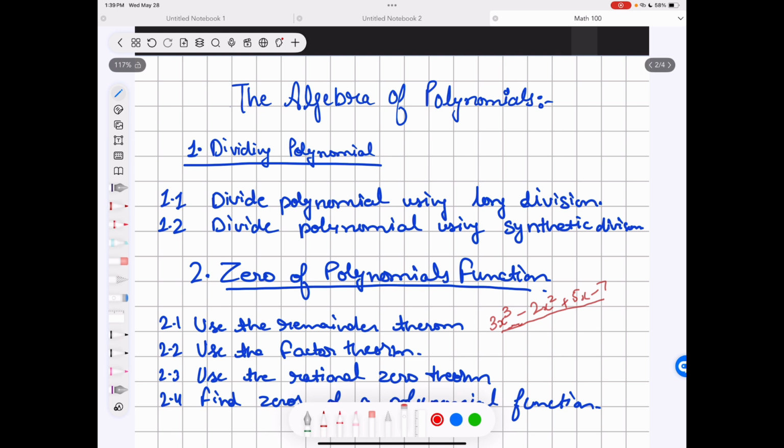There are specific names for polynomials. If we have just one term, we call it a monomial, if we have two terms together, we call it a binomial, if we have three terms, we call it a trinomial, and if we have four terms or more, we call it a polynomial.